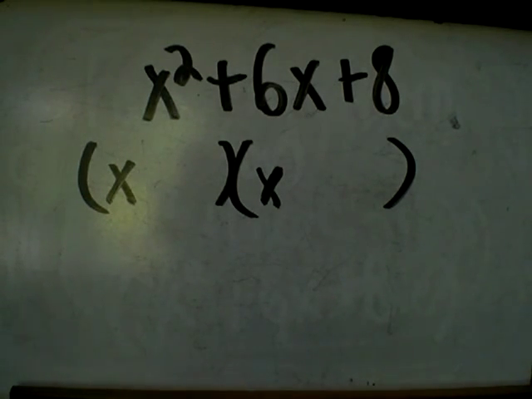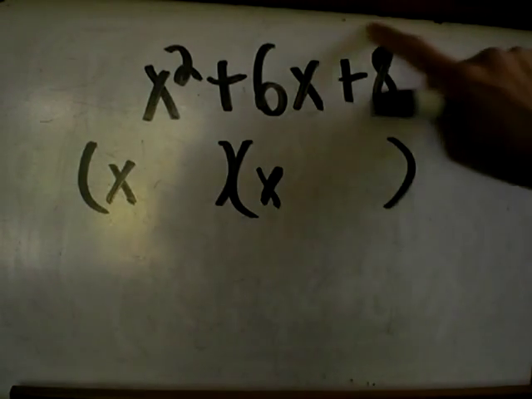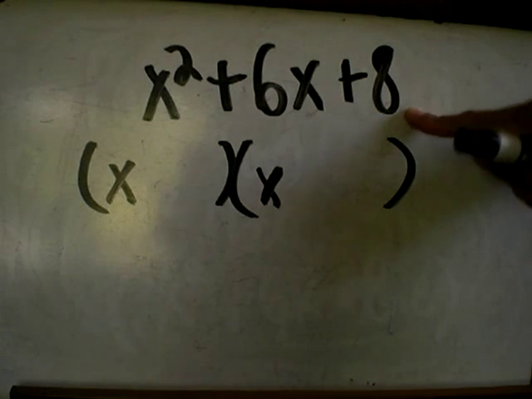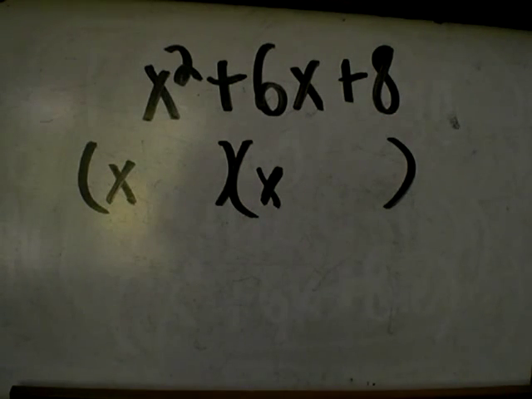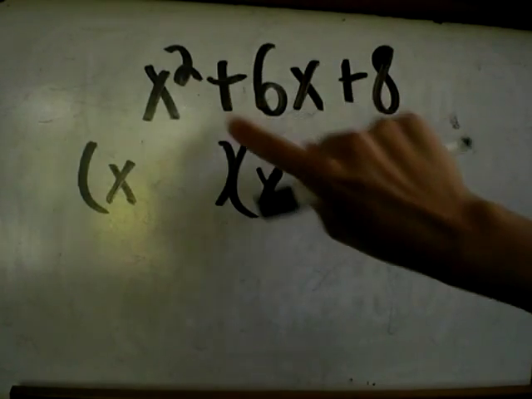Now this is how we can figure it out. When you look at c, so c in this case is positive 8, you want to think of two factors where when you multiply them, you'll get positive 8, and when you add them together, you'll get positive 6.